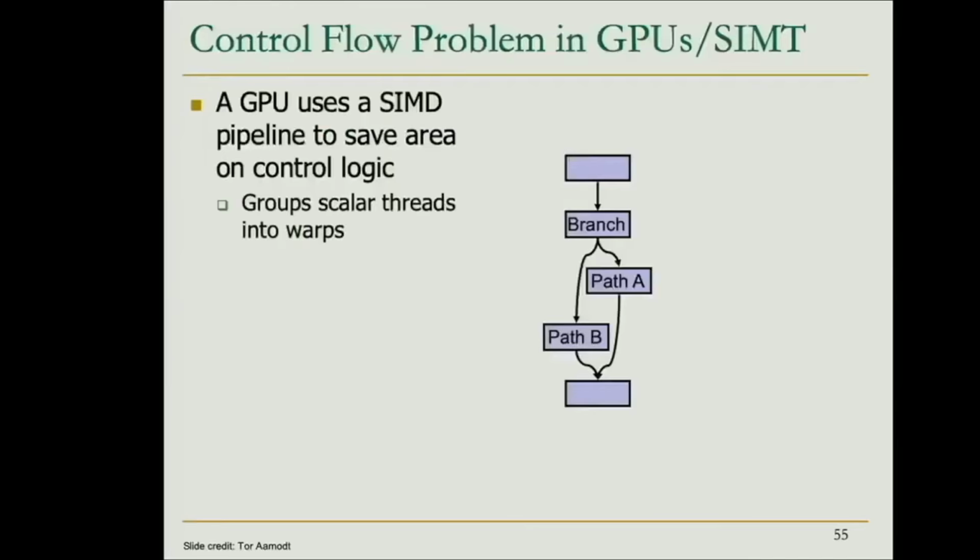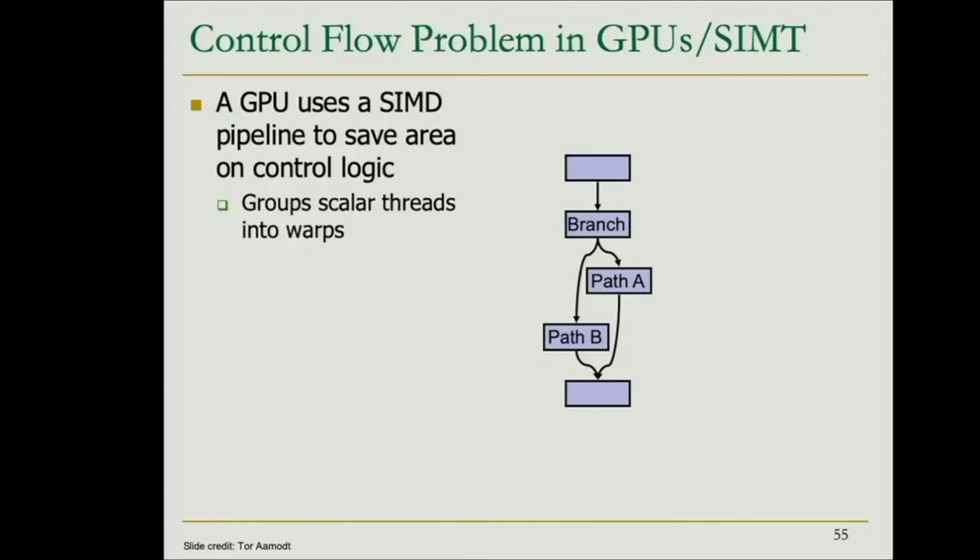The other day we already introduced the problem that we might have with the SPMD model. The good thing of the SPMD model is that I can write whatever I want. I can use control flow statements, for example, and have thread 0 going this way and thread 1 going this other way.